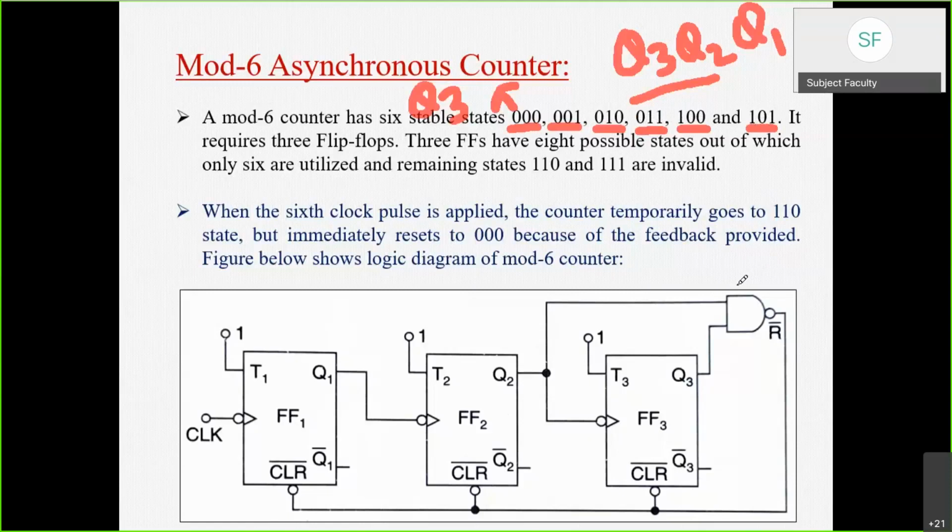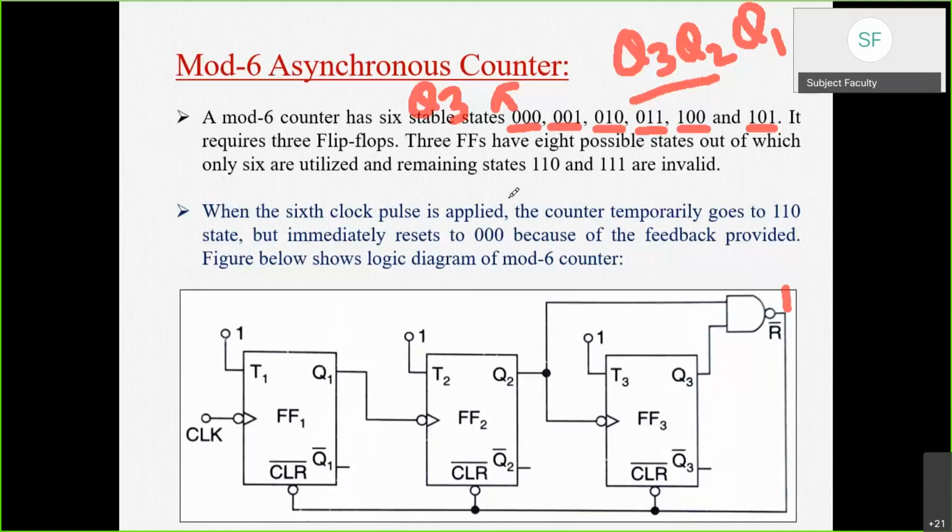That means for the first 6 counts, one of the inputs of this NAND is always 0. Whenever one of the inputs to this NAND is 0, the output will be 1. And whenever this output is 1, it is connected to the clear, so the clear input will not be active until the 6 steps.